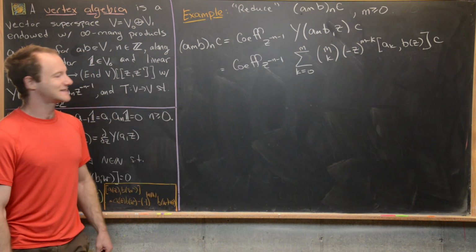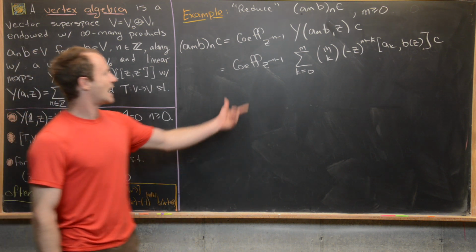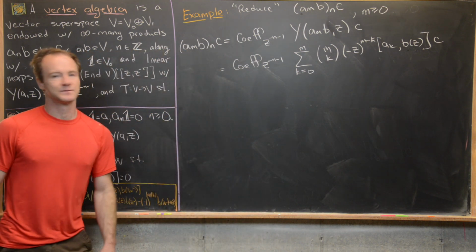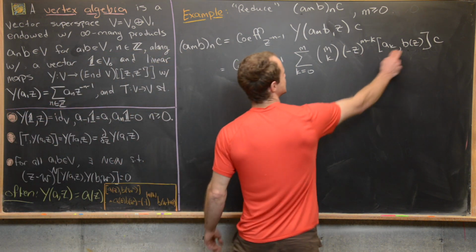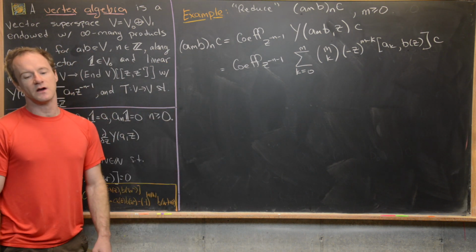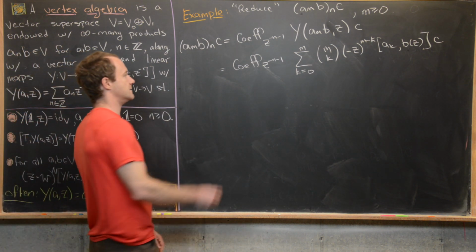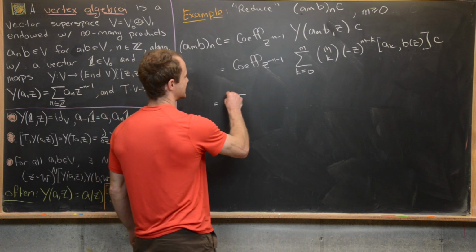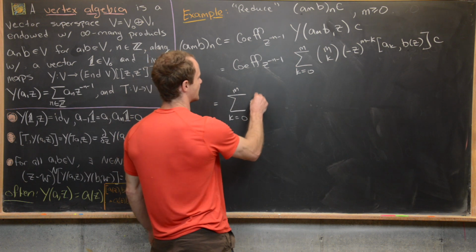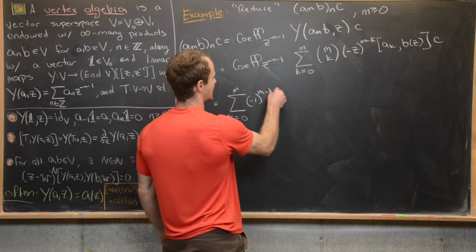Okay, so now let's simplify this a little bit. So I can bring this coefficient operator inside here. I can bring this power of z inside here as well, and I can split the power of z off from the power of -1. So let's see what we get for that. We'll have this sum as k goes from 0 to m. We have -1 to the m minus k.